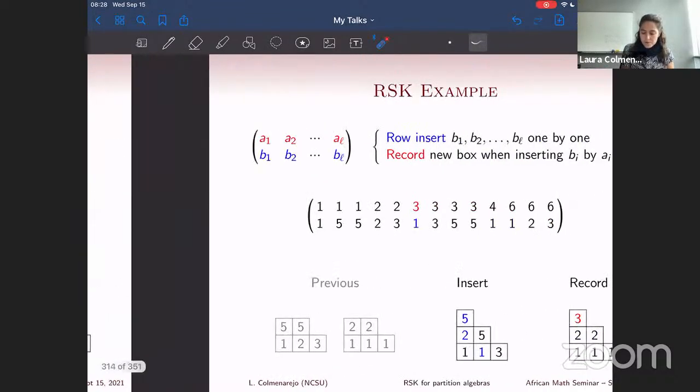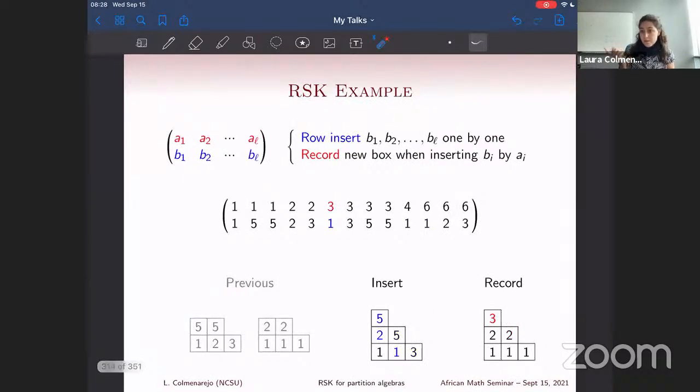Now, I want to show you one more step on how we get three rows. So if I look at this one, if I have to insert here, the 1 should go in the place of the 2. So I have the 1 here and the 2 goes out. Now, if I insert the 2 in the second row, it should go on the spot of the 5.